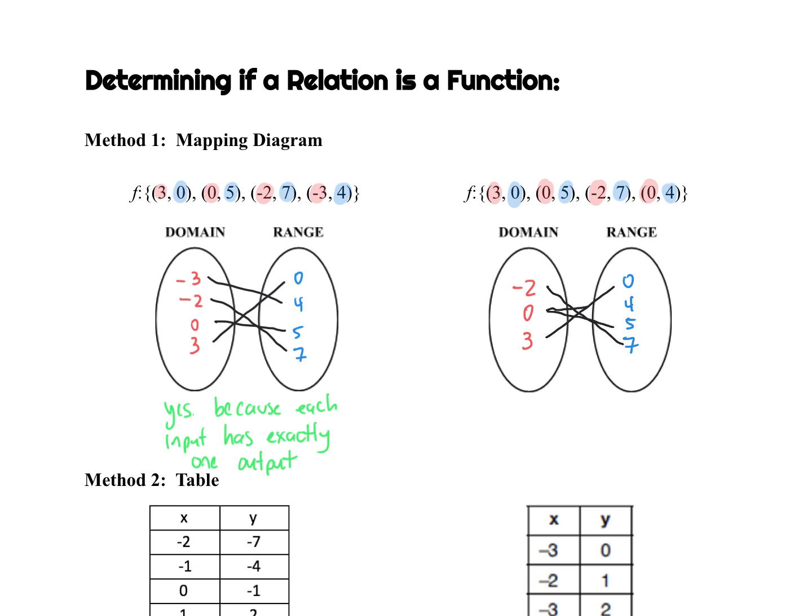And 0 also goes with 4. And that's the problem right there. You can see that 0 is mapped to 2 different outputs. That's a no-no. So this would be no, it's not a function, because some inputs have more than one output. You don't need to be specific. Just some inputs have more than one output. 0 has more than one output.